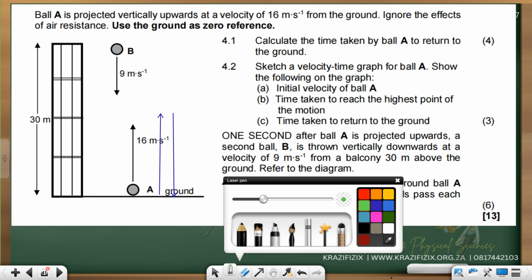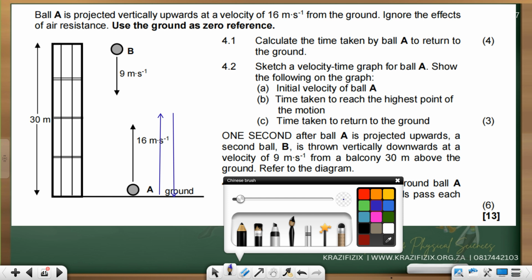And then it's exactly similar to what we did earlier on. What would you choose? For me, I would choose upward as positive. It means I know my initial velocity as 16. What's my final velocity? Negative 16. Case closed. Choose your direction. Quickly, everybody. You still have the formulas? Okay, do we have everything we need? Because I don't want to tell you the formula.